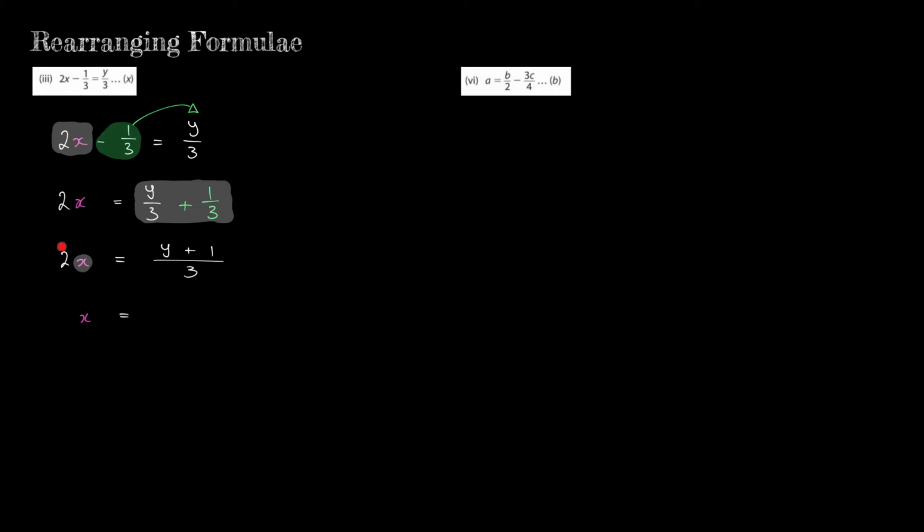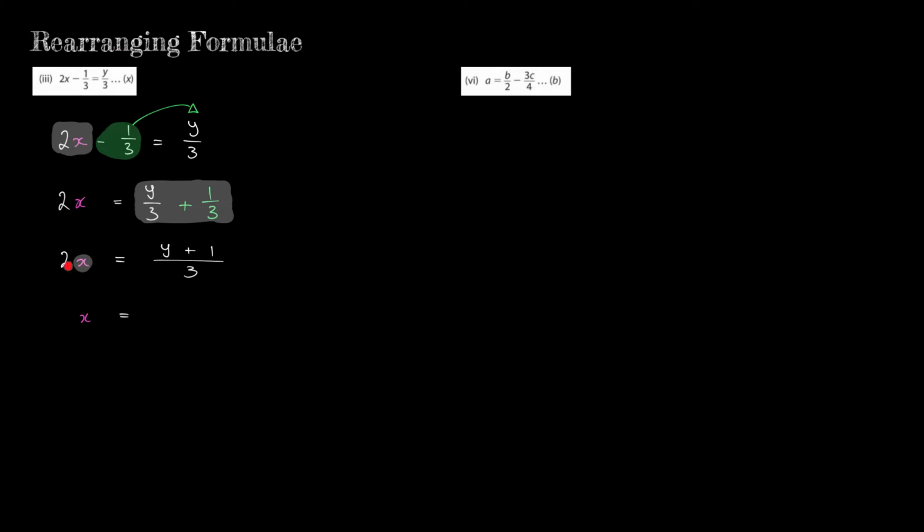Back here, what I was doing was timesing x by 2. So to get rid of this times by 2, I need to divide the left-hand side by 2. If I divide this side by 2, I'll be left with just x. And that's exactly what I want. I want x equals. That's what we were asked to do in the question.